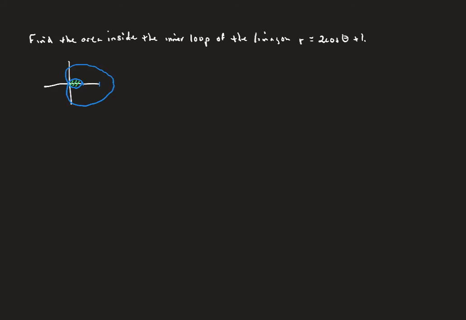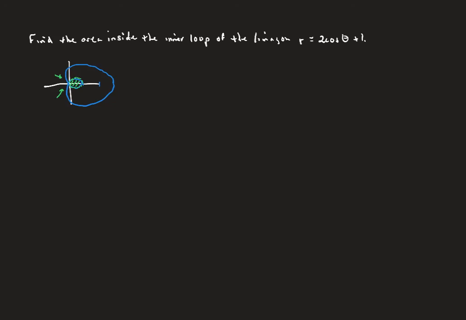To do that, we need to figure out what our limits are going to be on the integral. We want to know when the curve first crosses through the pole, goes inside here, and then when it exits again and goes out from the interior.